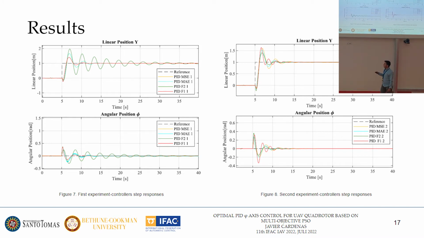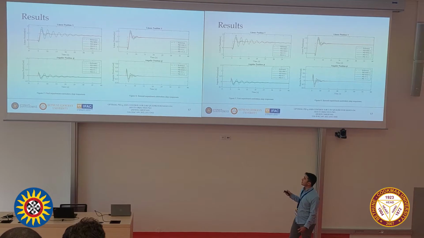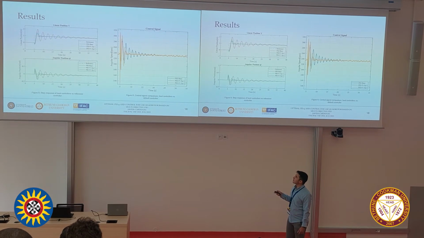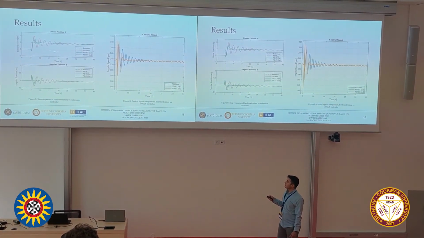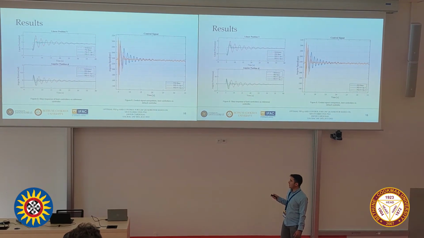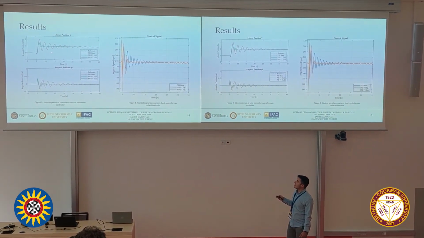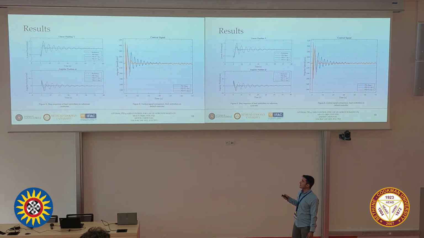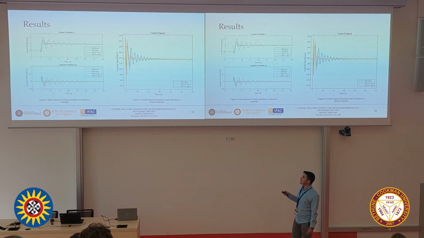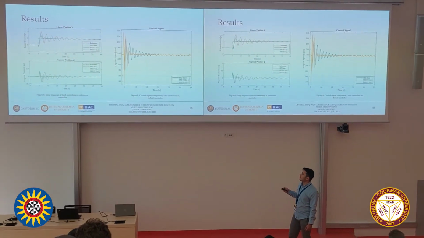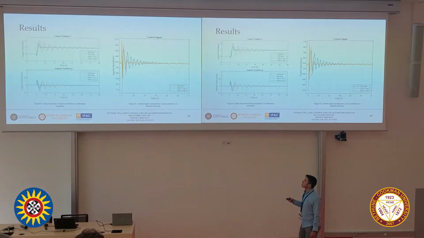standard ones. And if we compare the first experiment with the second experiment, we can notice that the second experiment has a better response. We can compare it here with the initial controller, where the control has many oscillations, takes a while to converge and stabilize, and has more overshoot.